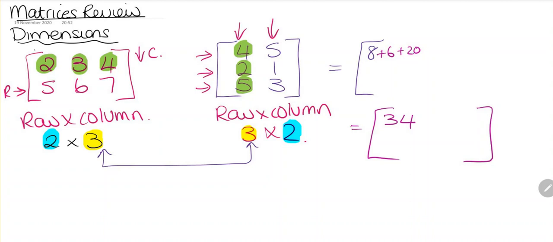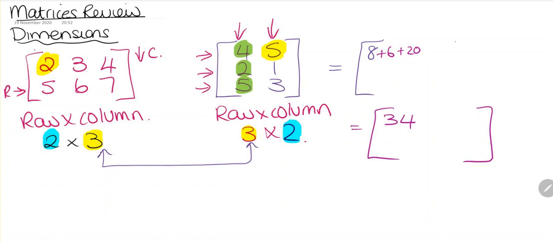And then we look at our second column. So let's change our color. So 2 multiplied by 5.